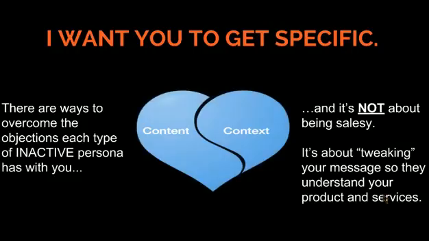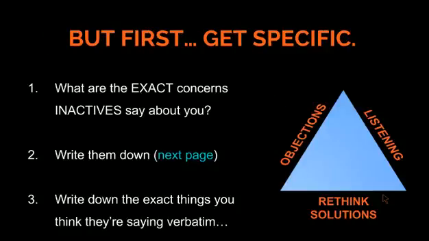But first, I want you to get specific. In your business, what are the exact concerns your inactives might have about you? I want you to write them down in the table on the next page. Think back to this video too. Maybe they're questioning your credentials, or maybe they're questioning your product. Write down the exact things you think they're saying verbatim.